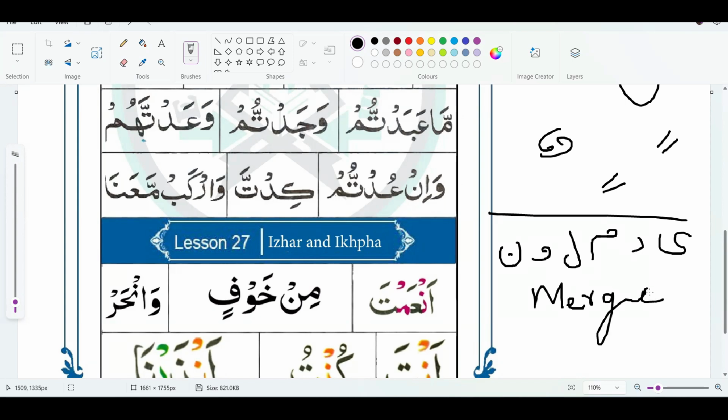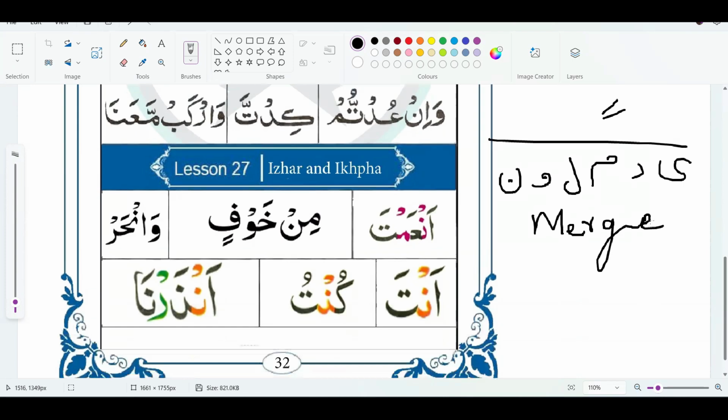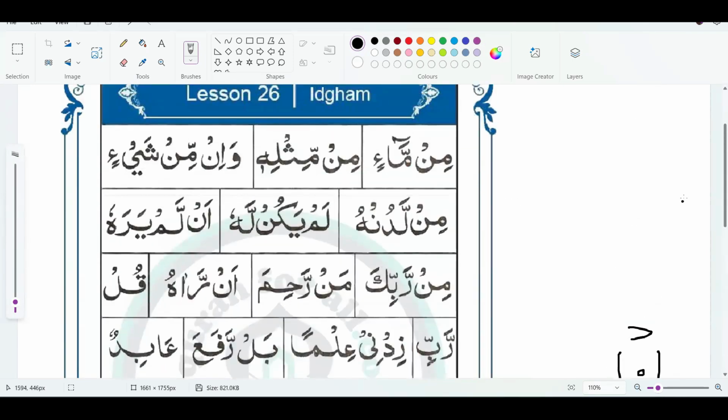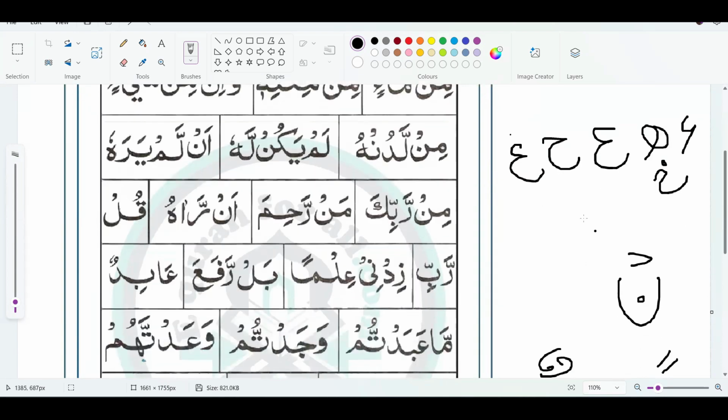Got it? Again, after Noon Sakin or Tanween, if we have any throat letters, Hamza, Ha, Ain, Ha, Ghain, and Kha, then we read without Gunna. We do Izhar.